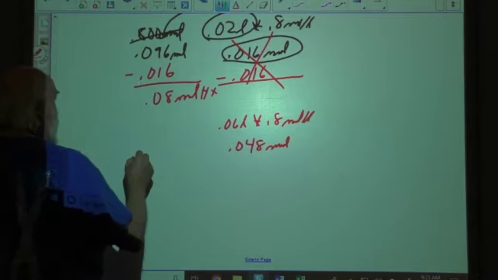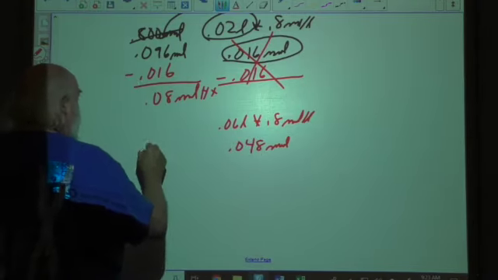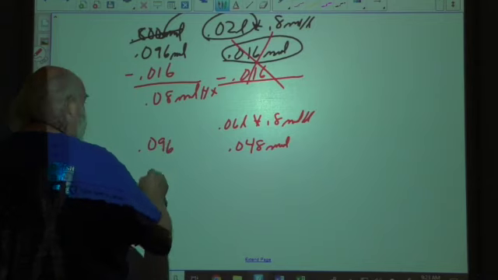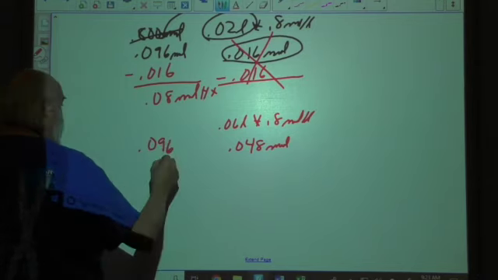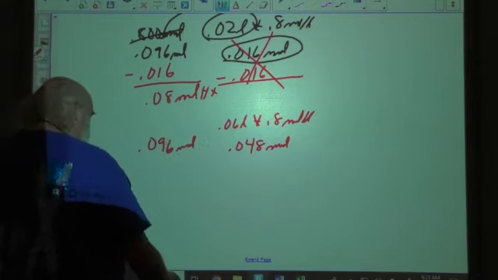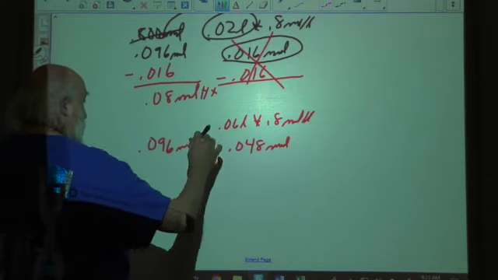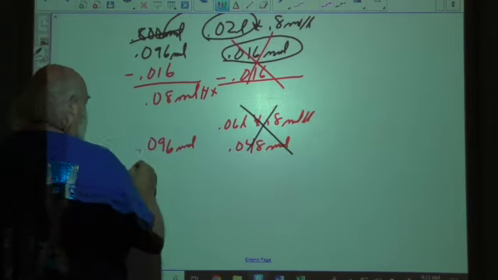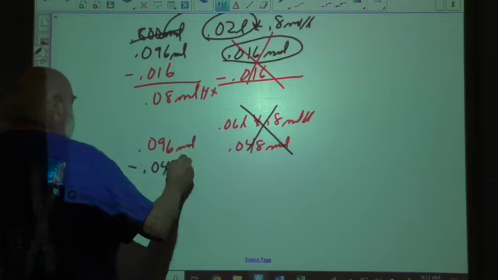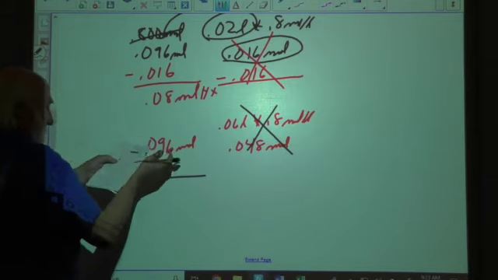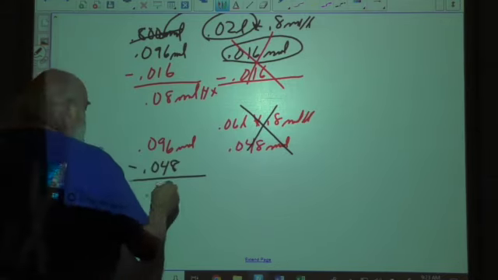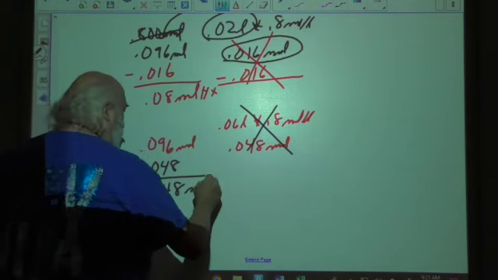And again, we still have the 0.096 of the moles here. And since we have less of this and this, we're going to subtract 0.048 for this, because that is going to eat up 0.048 of this, to leave you 0.048 moles of the H positive.